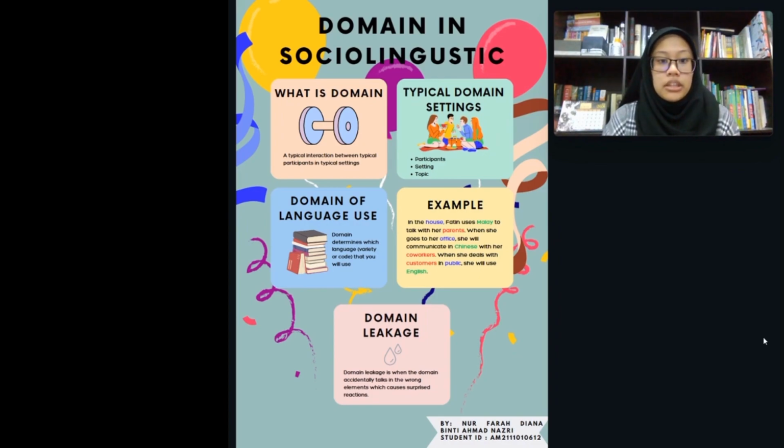Next, we have domain of language use. What I understand about domain in sociolinguistics is that domain determines which language, or in brackets variety or code, you will use.